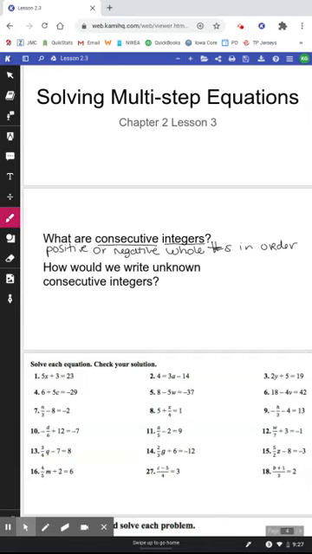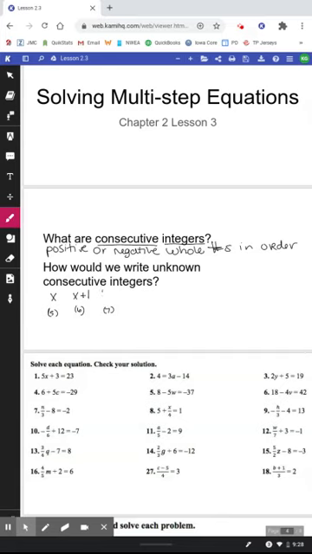In the word problems we're going to be dealing with, they're going to ask you for unknown consecutive integers that are adding up to a certain amount. If we don't know the first integer, we would give it x. And if we need the next one and we still only use one variable, we would do x plus 1. So like if this was 5, then in order to get 6, I would do 5 plus 1.